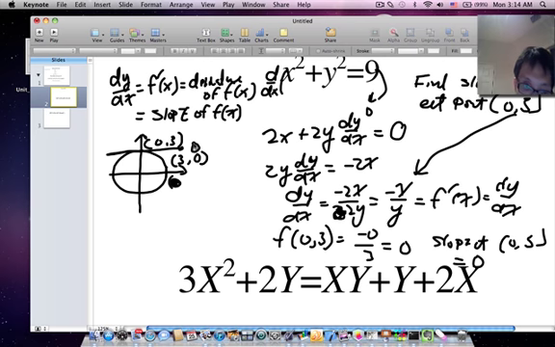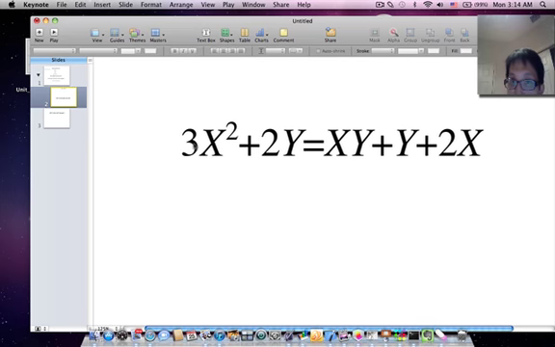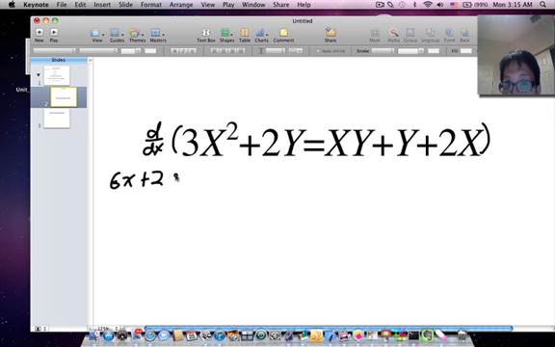Okay, so let's go down to the next question. It looks very long, but it's not that hard. Taking d/dx, you know that is 6x plus, here is 2, and also dy/dx, because we have to take the derivative with respect to x for y.